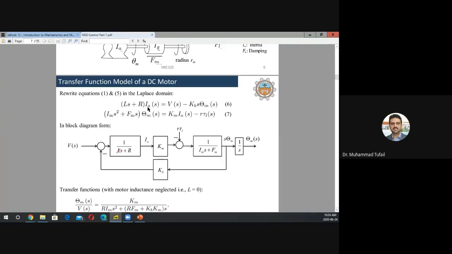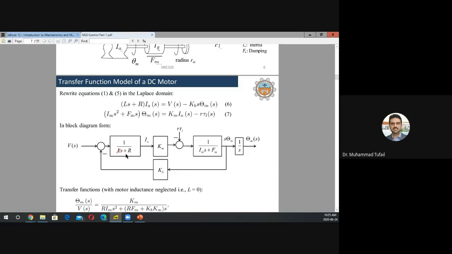And then we know that whatever the error between the input and the feedback value is, that is equal to I_a times L s plus R. Or in other words, I_a, the armature current, is the error divided by L s plus R. So let's put it in a separate block because the error is already reaching here: V_s minus K_b times s Theta_m.